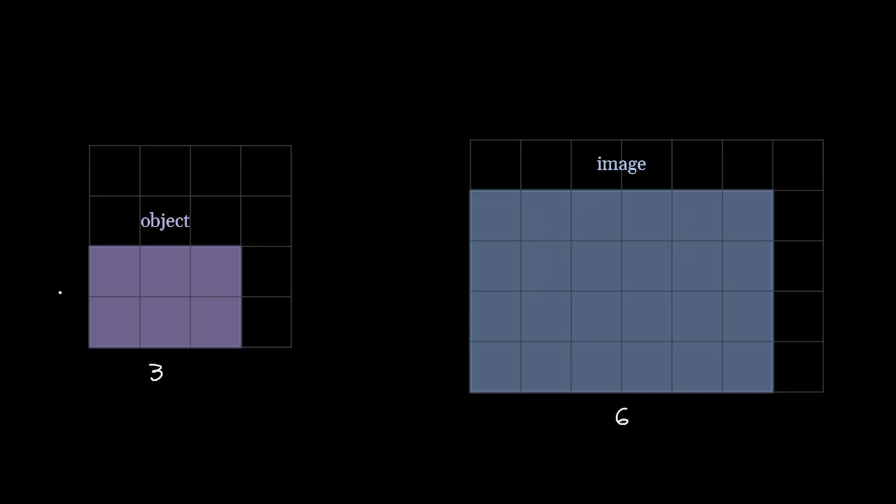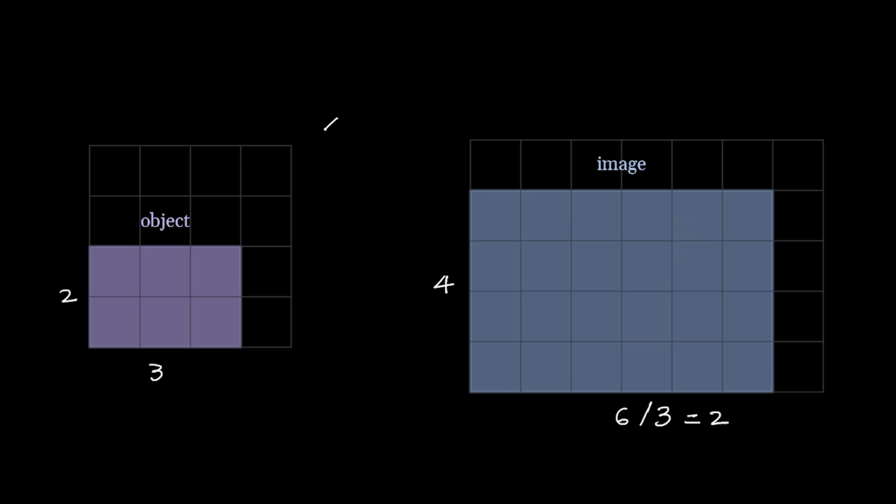Similarly, the other side is 2 squares, and here this is 4 squares. So what we do is we simply divide the length of the side of the image by the length of the side of the object. So in this case, it will be 6 divided by 3, and that is 2.